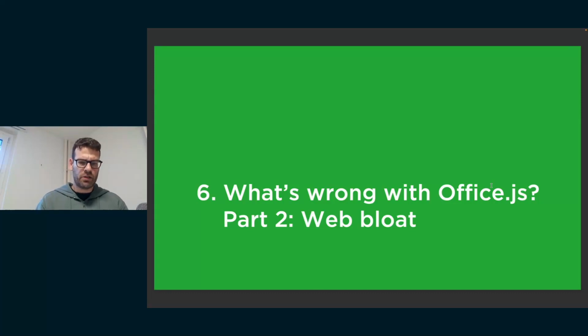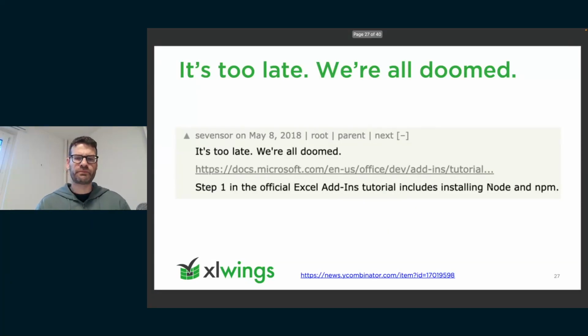Okay, the other part that is an issue with Office.js is the so-called web bloat. This screenshot is taken from a discussion on Hacker News that was about Office.js, and it articulates my feelings a bit about the state of things.